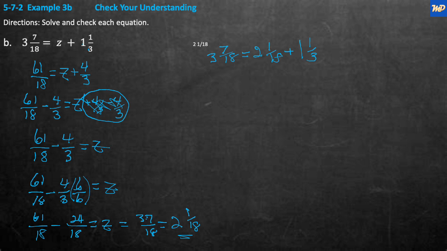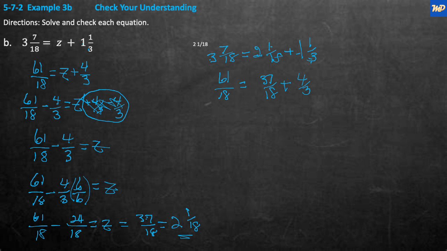So let's convert these mixed numbers to improper fractions. We go back to the same thing as before, which is 61 18ths is equal to 18 times 2 is 36 plus 1 is 37. We know that. 37 18ths plus 4 thirds.